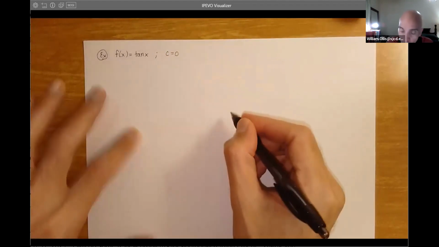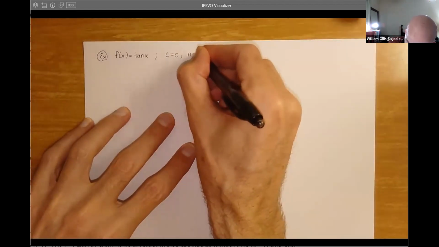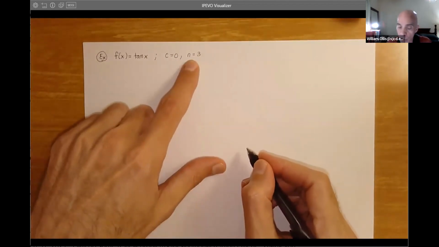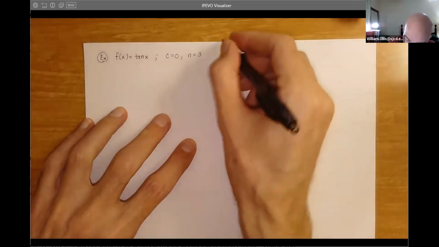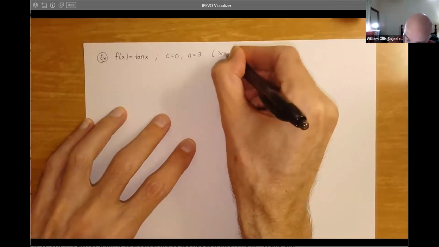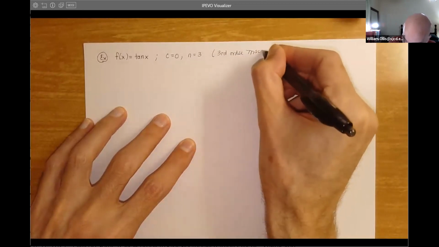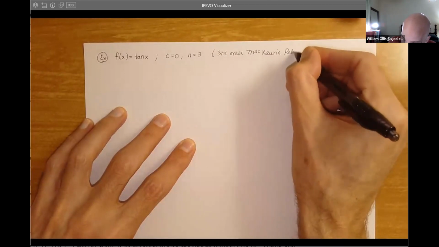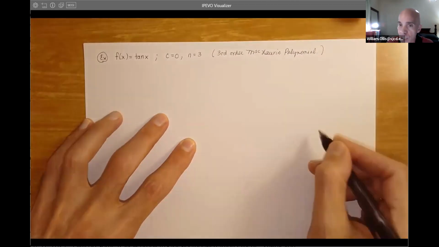So this will be the Maclaurin. And we're going to want the third degree, or the third order of derivatives. So we're going to do through 3 orders of derivatives. So remember, this will be the third order Maclaurin polynomial.